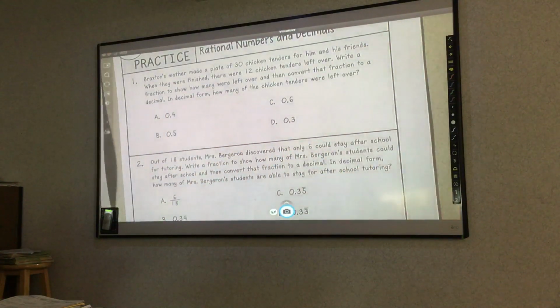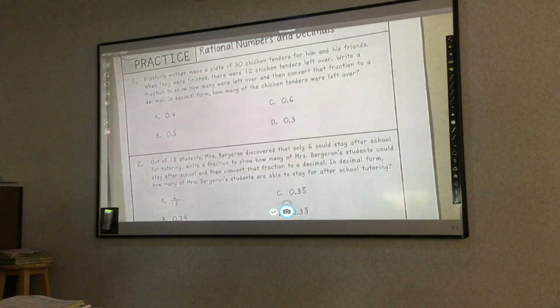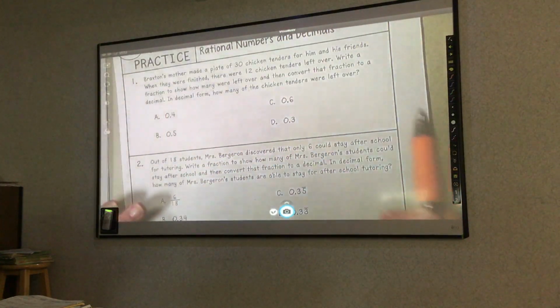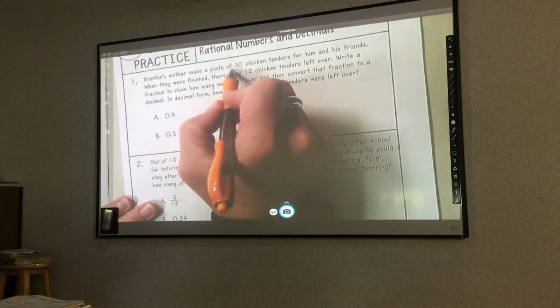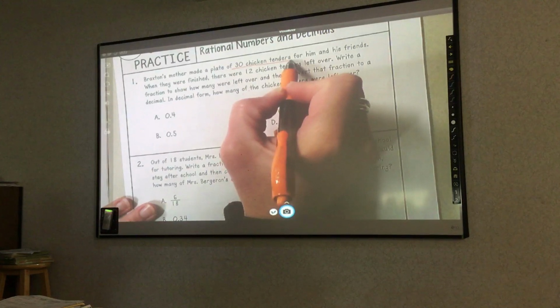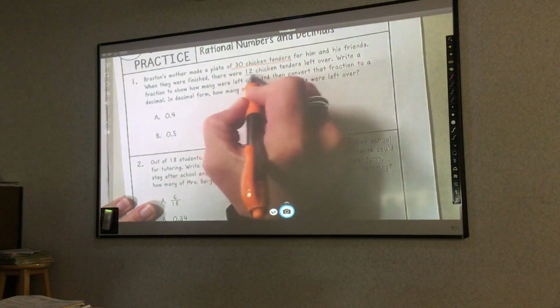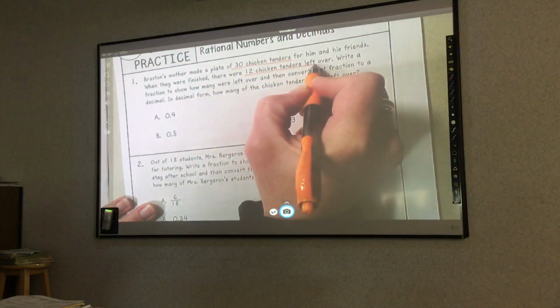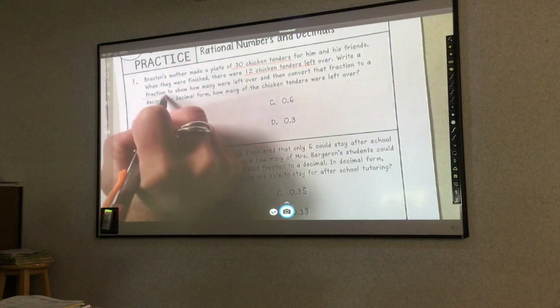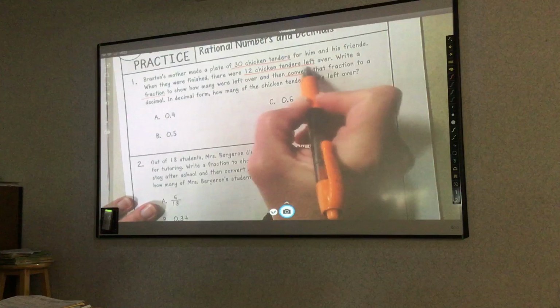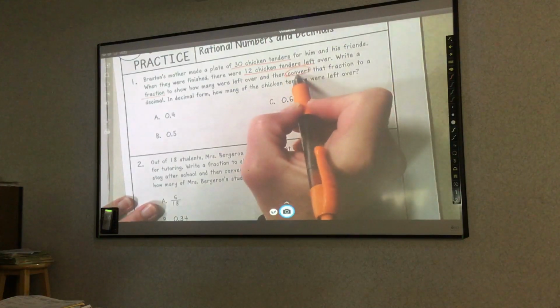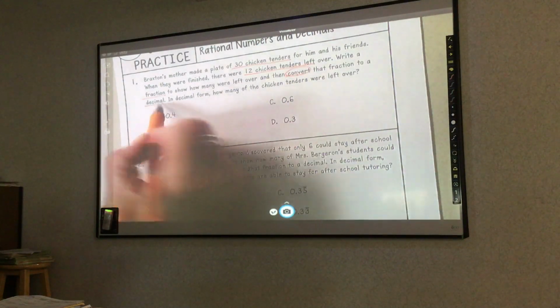In decimal form, how many of the chicken tenders were left over? So first, let's underline some important words. She made a plate of 30 chicken tenders. There were 12 chicken tenders left. Write a fraction to show how many were left over. Then convert to a decimal.